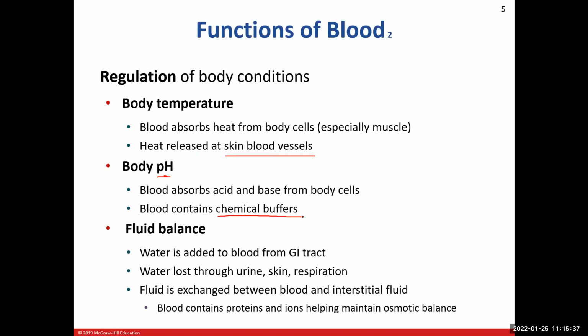Remember, a chemical buffer is something that maintains the physiological optimal pH. And if you don't remember what that range is, our range for your blood pH is going to be 7.35 to 7.45. So ideally, what we're looking for is going to be 7.4.